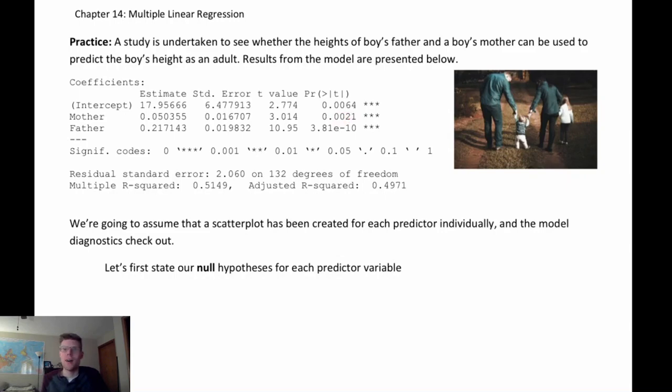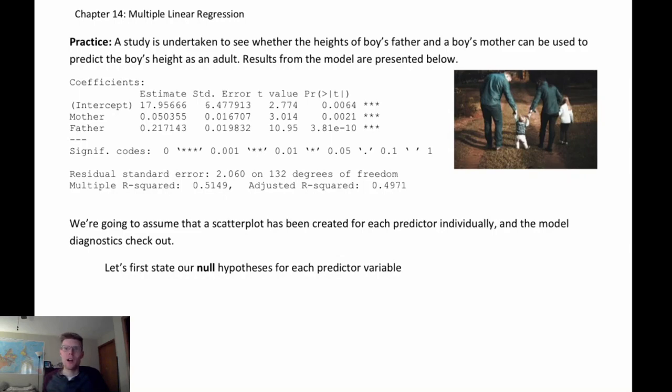That is less than 1%, meaning that if there really was no relationship, if it really was a zero slope for mother's height in this model, then we would see this much correlation by random chance only about 0.21% of the time. So that's giving us some very strong evidence that the coefficient really is not zero, that the coefficient is some value, in this case, greater than zero.